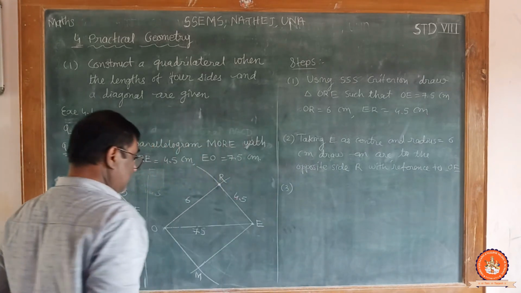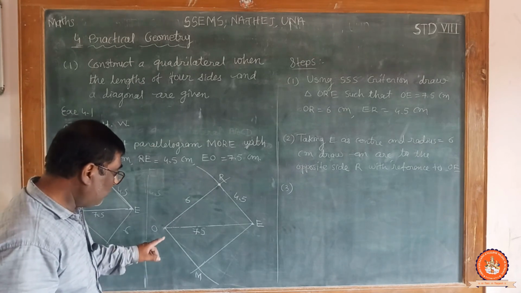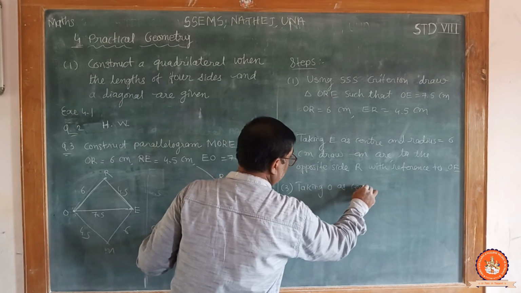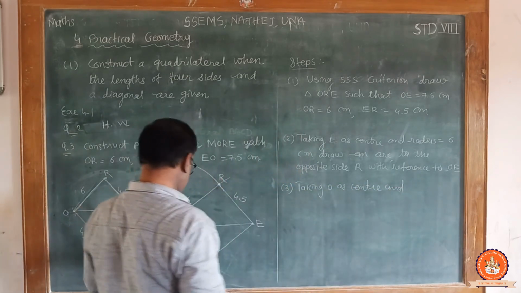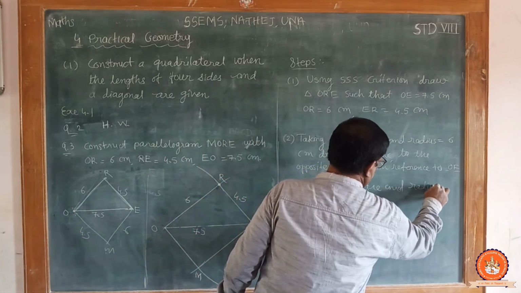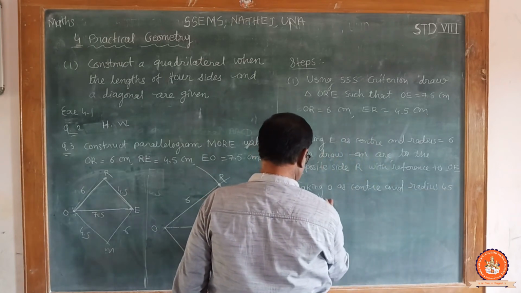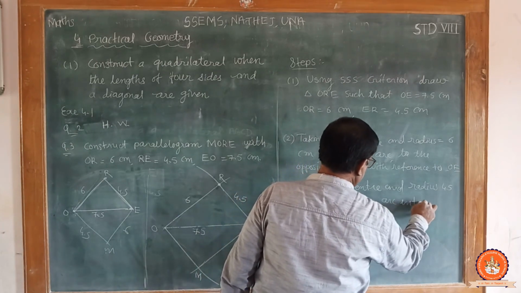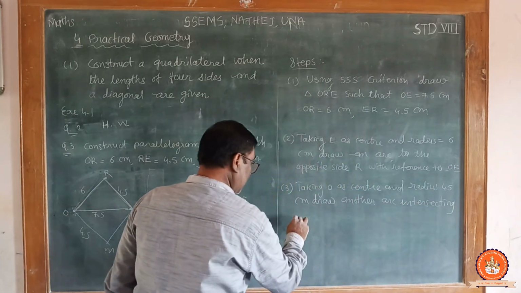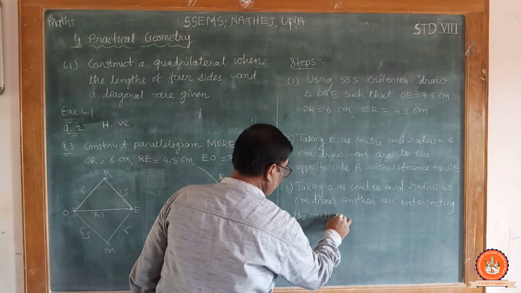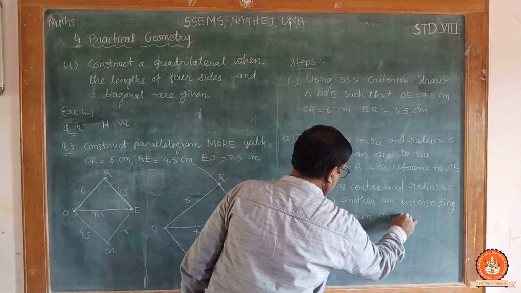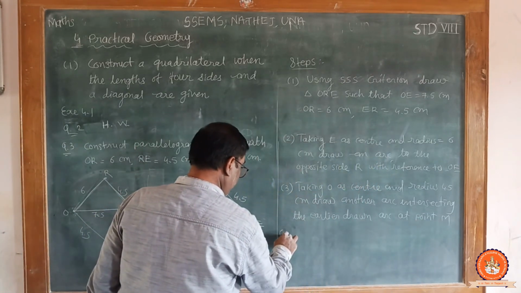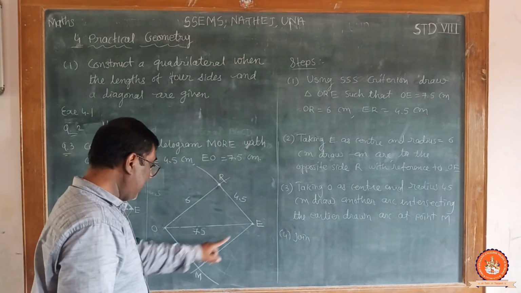Then now taking O as a center and radius 4.5 centimeter, draw another arc intersecting the earlier drawn arc at point M, and now join OM and EM.